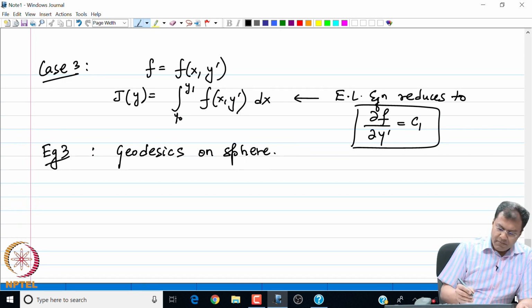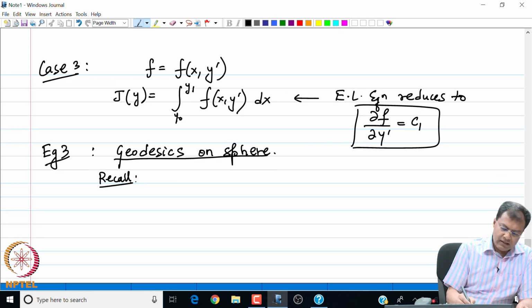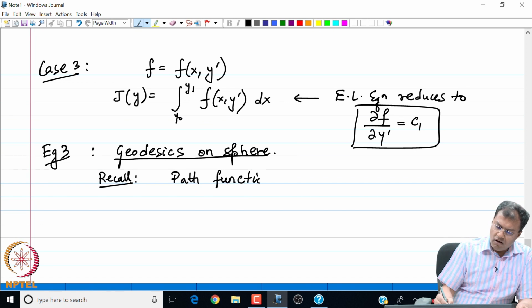Okay. So, let me just recall, in our first lecture I had introduced the functional for the geodesics on a sphere. So, let us recall from our first lecture that my path functional, we are trying to minimize the path of a curve lying on the surface of a sphere, right.